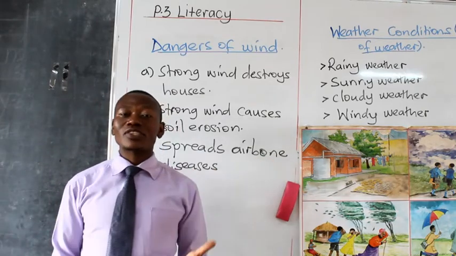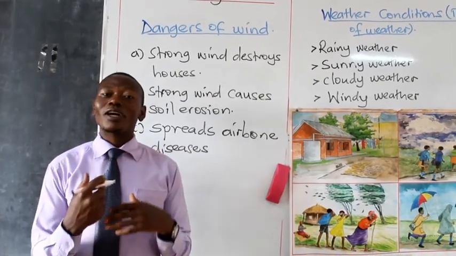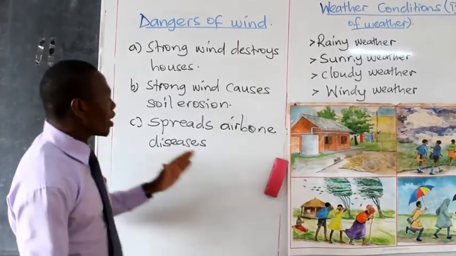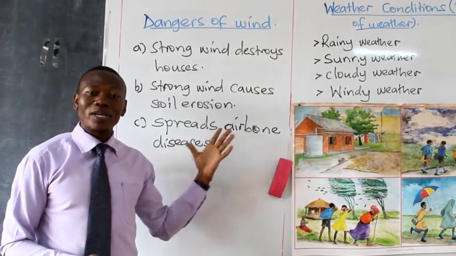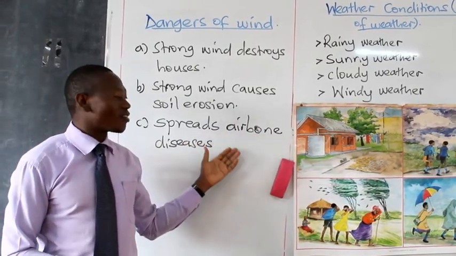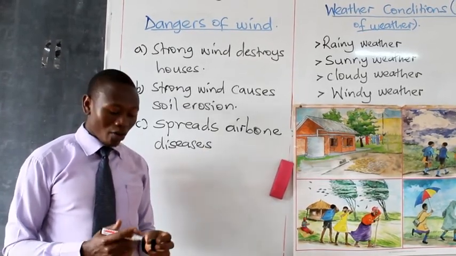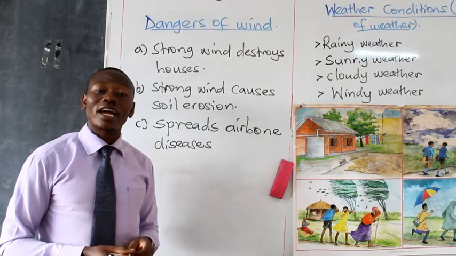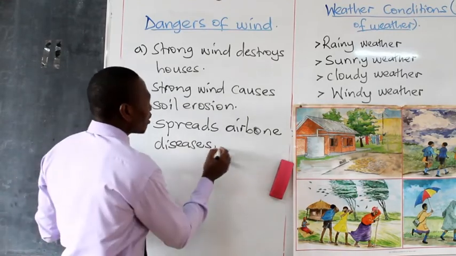Another one is measles. Another one is whooping cough. Another one is tuberculosis. So when you're in a place which is a bit windy, then you are at a risk of capturing an airborne disease. Like you said, currently we talk about COVID.